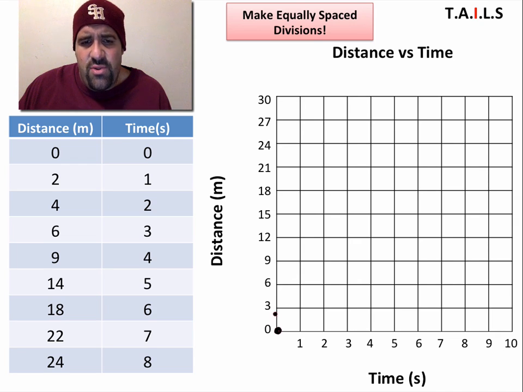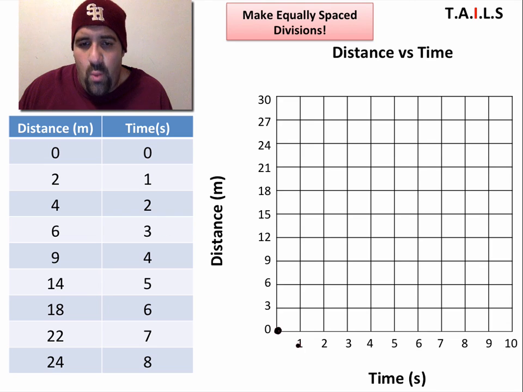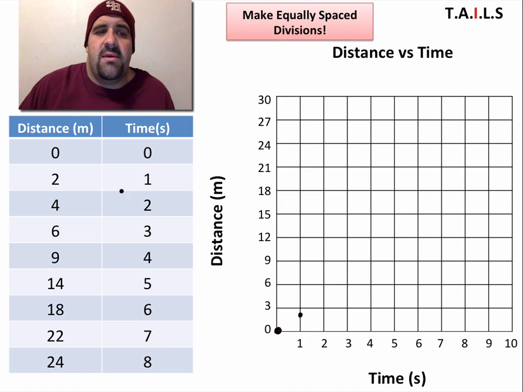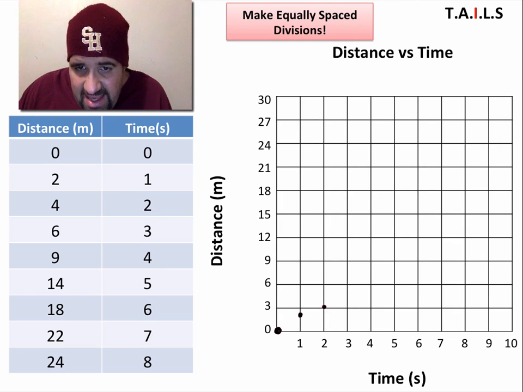It's in between the 0 and 3, but closer to the 3. And at time equals 1. So at 1 second, we have a distance of about 2. It's where these two lines intersect. At a time of 2 seconds, we are at a distance of about 4, right here.